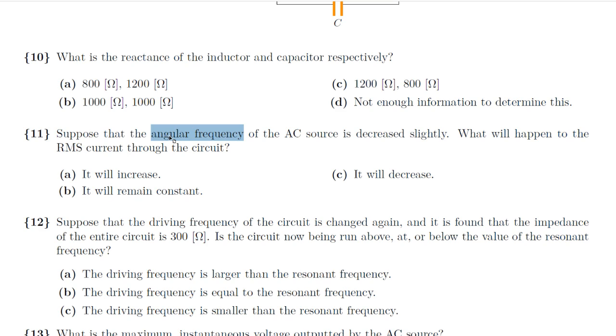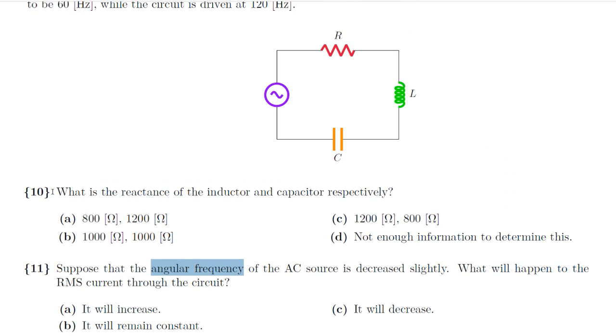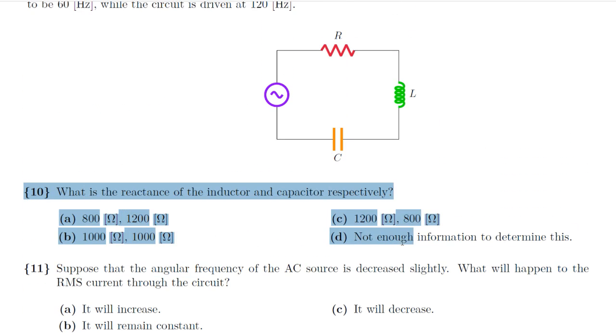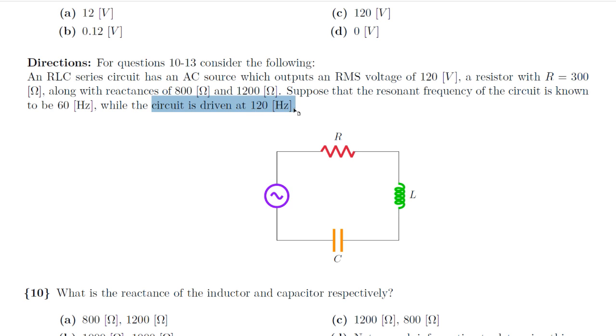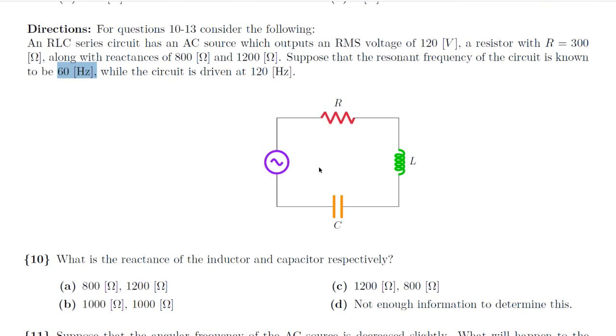There's a question: if at the resonance frequency, what would change? So if I were to talk about number 10 in the context of being at the resonance frequency, in other words, if I drove the circuit at 60 hertz to match the resonance frequency, then the reactances would be equal to each other. So in fact, the values would not be 800 and 1200. I would have told you they were two different values from what they are now.